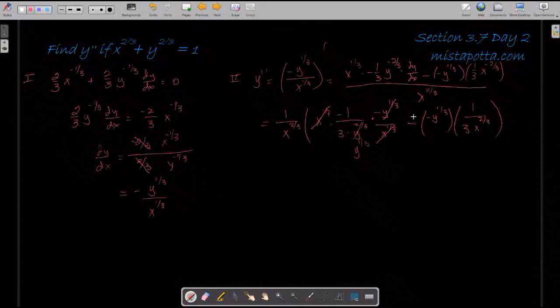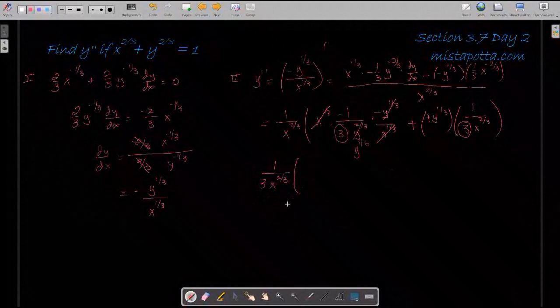Third, I have a minus and a negative, so that really becomes an addition problem. And fourth, because of the 1/3 here and the 1/3 here, I really could factor out a 1/3. So I could really make this 3x to the 2/3.